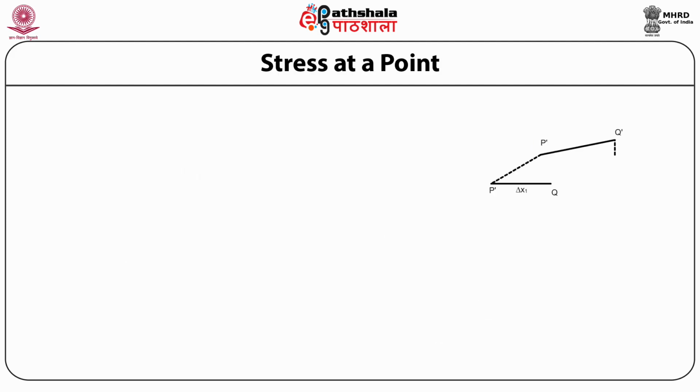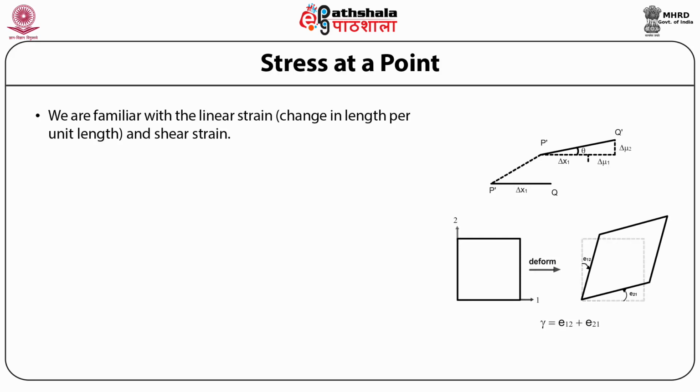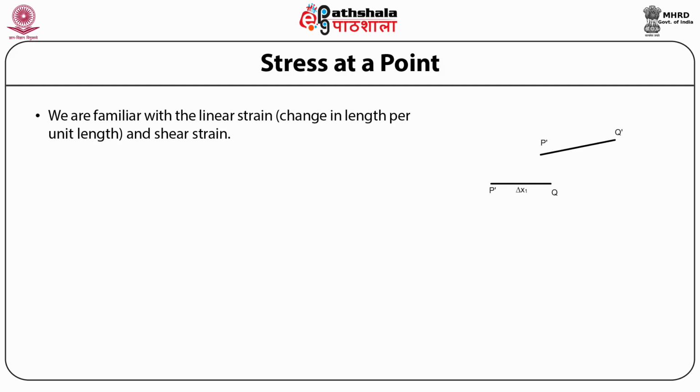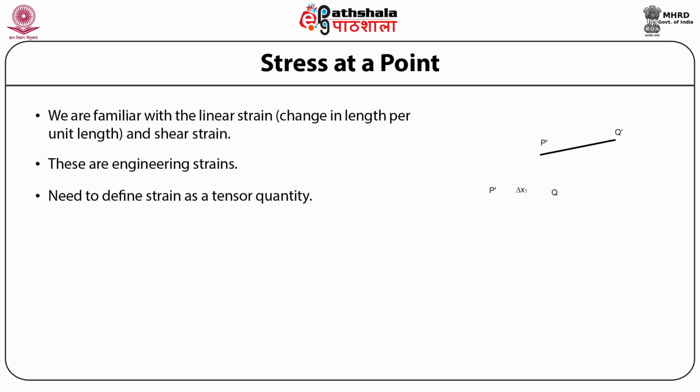Strain at a point. So we are familiar with the definition of linear strain as the change in length per unit length. We are also familiar with shear strains. Strain defined in this manner is called engineering strain. In this section, we are describing strain as a tensor quantity.